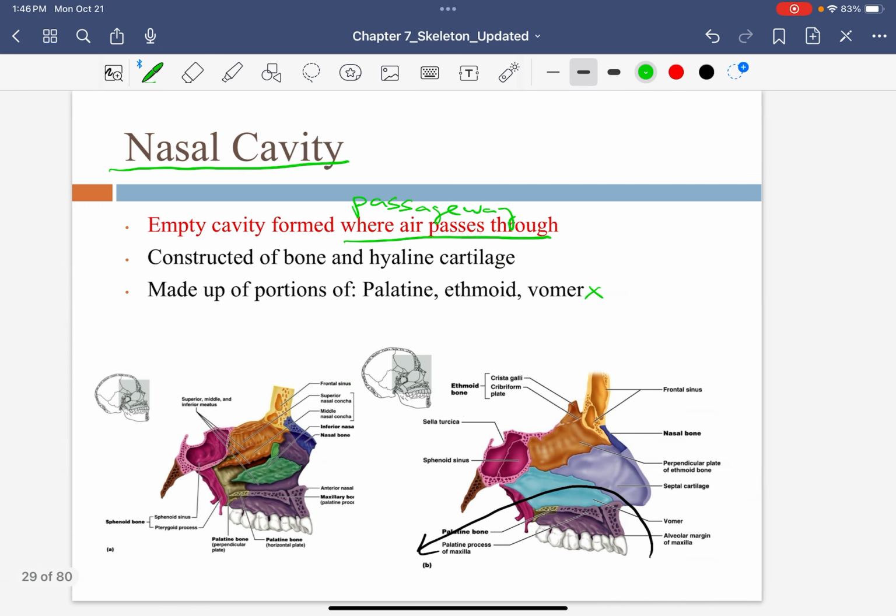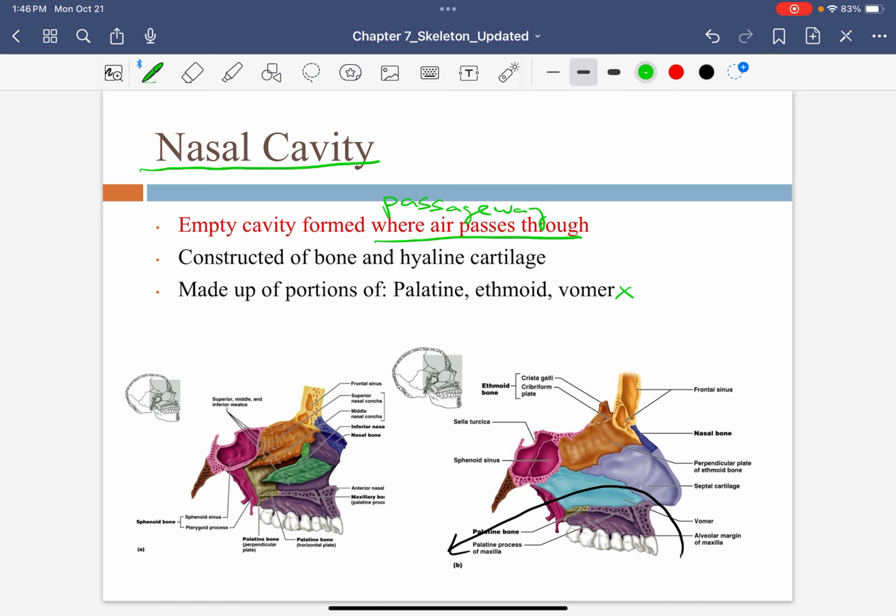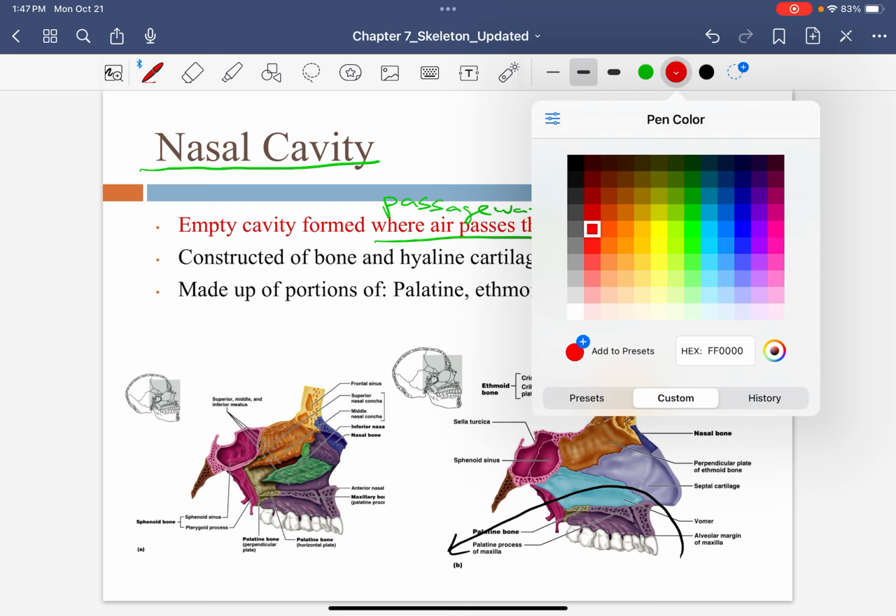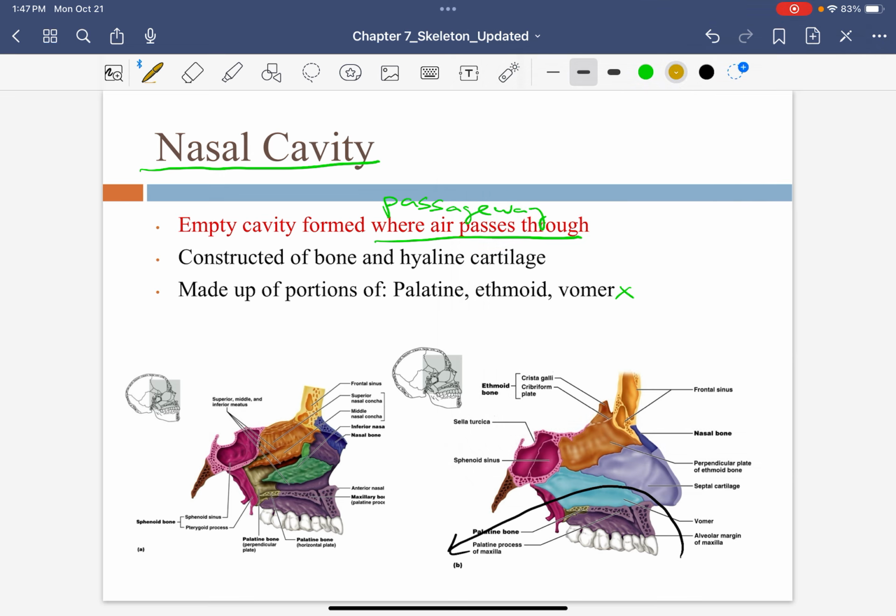Okay, let me come back to this picture. So now we're still talking about the sinuses. Maybe I'll use a different color just to make sure it's clear. What color should I use? Let's use this. So now we're talking about sinuses. A sinus is a hollow area.